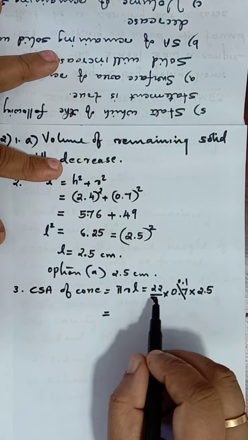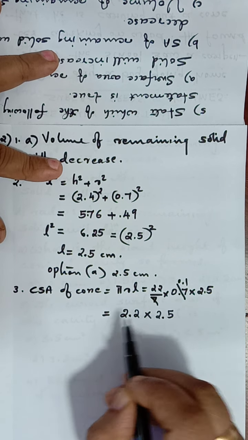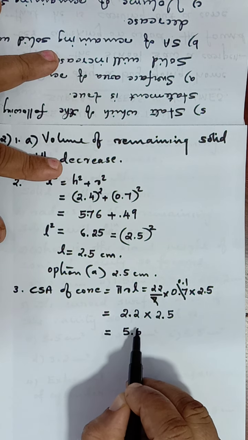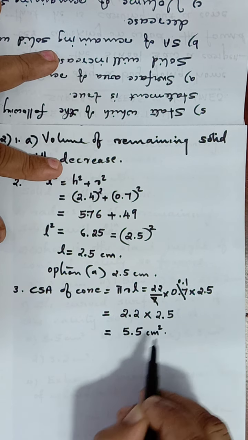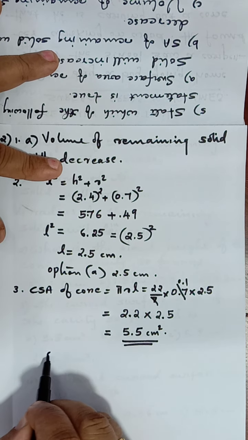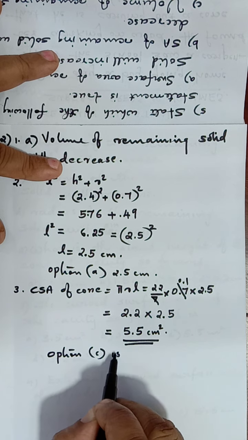So we have to multiply 22 into 0.1. 22 into 0.1 is 2.2 into 2.5. Multiply both the numbers. You are getting the answer 5.5 cm square. Check your option, children. It is option C. Option C is correct.